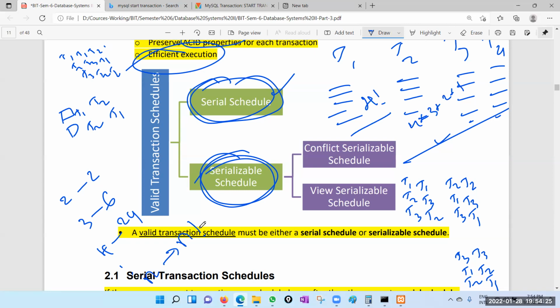Every combination is valid. Okay. So those are serial schedules. Serial schedules are very simple. The logic is very simple. But unfortunately, serial schedules are the least performing, the slowest.